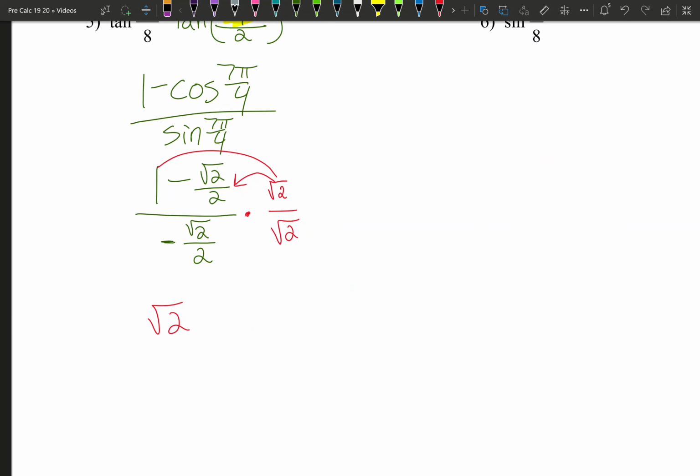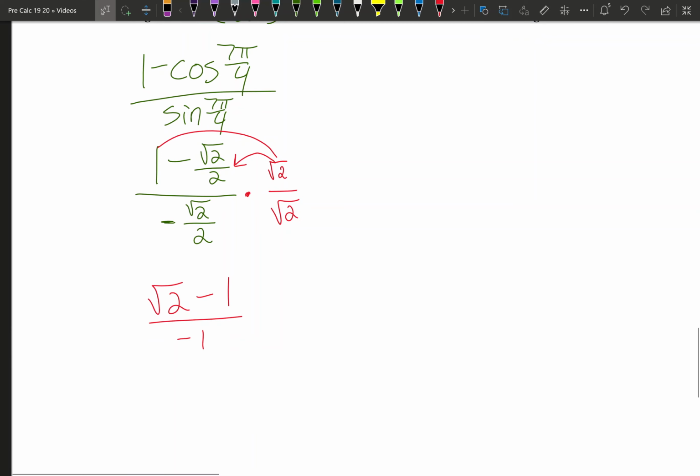So our numerator becomes minus 1. Our denominator is also negative 1. So we can rewrite this. Since it's divided by negative 1, we can just change signs. So we have negative root 2 plus 1 as the finished product.